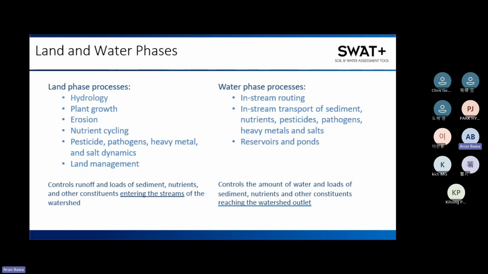Dissolved material will reach from one location to the second location, but what would happen to the sediment during that in-stream travel? What would be the fate of the sediments? How much settling would happen? Or if there is bank erosion from the stream side, how much would that be? All those processes come under the water phase processes. Okay.